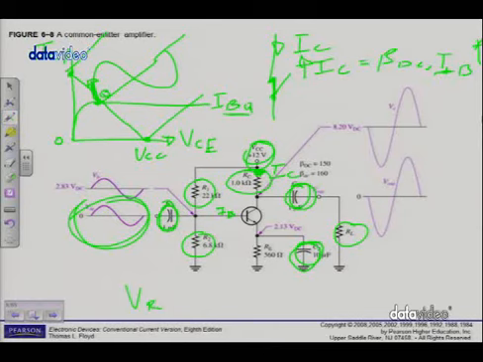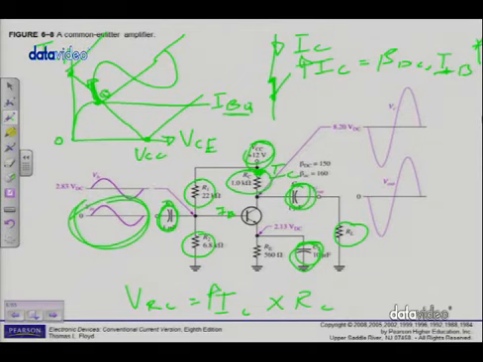Voltage drop V is equal to I times R, right? So if IC increases, what's going to happen to VRC? It's Ohm's law, right? Even if we live in South Africa, we don't mess with Ohm's law. I know we mess with a lot of other laws, but we don't mess with Ohm's law. Okay, so if IC increases, VRC increases.